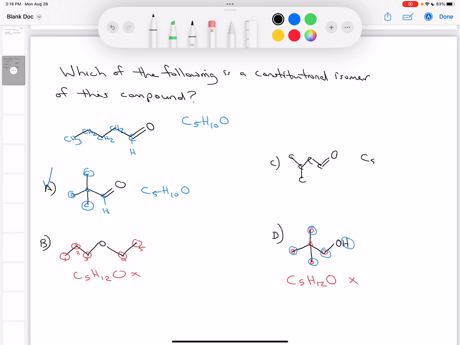So C5. And then it has 10 hydrogens. C5H10O, and there we have it. So A and C are both constitutional isomers of this compound. So make sure you're really well aware of how to recognize where the hydrogens are in a bond line structure and the carbons as well.